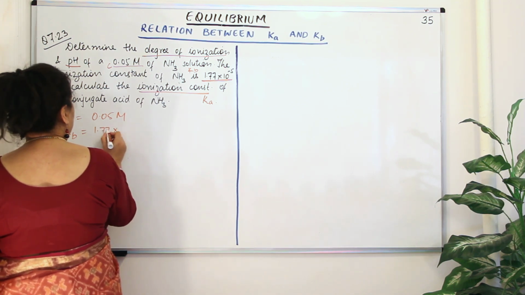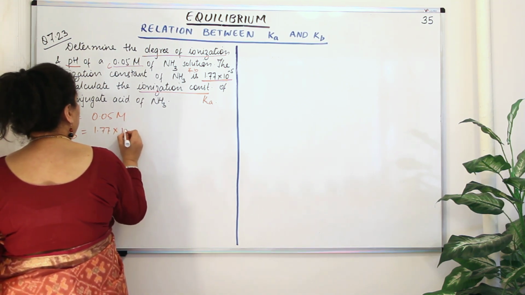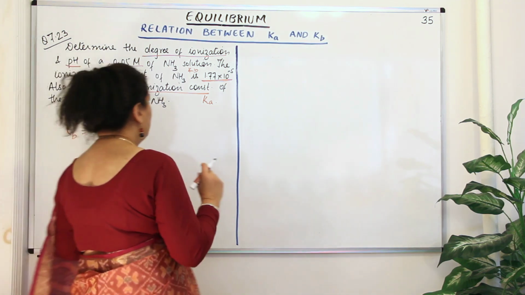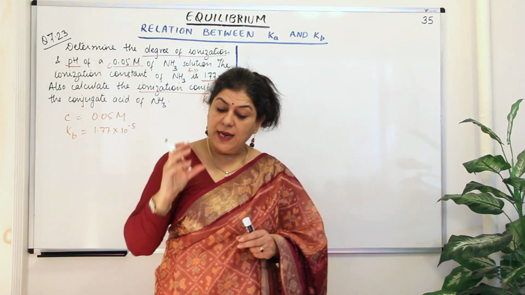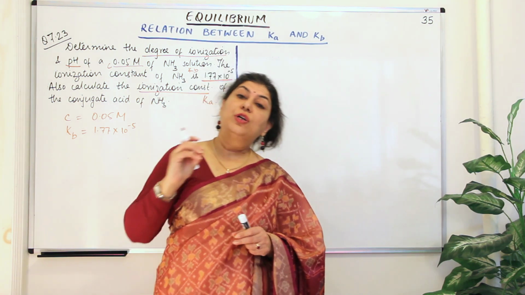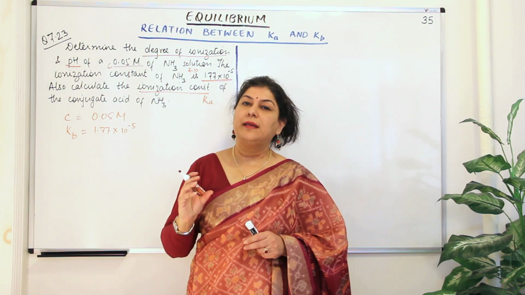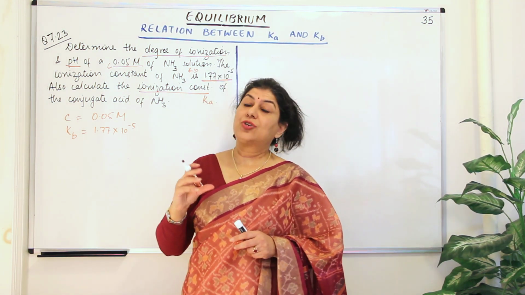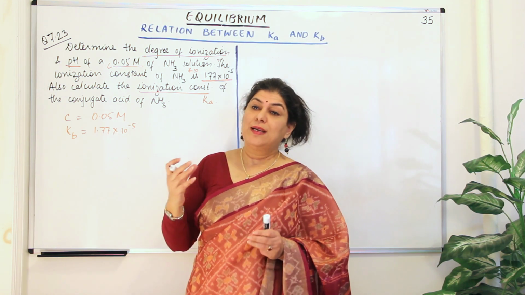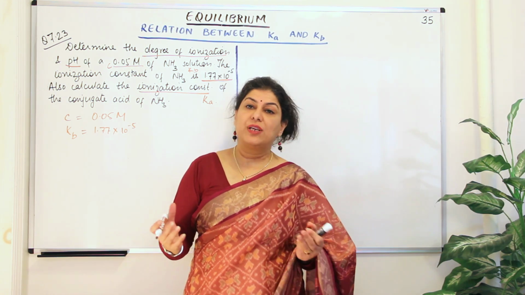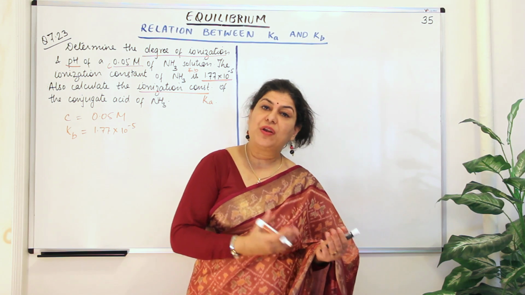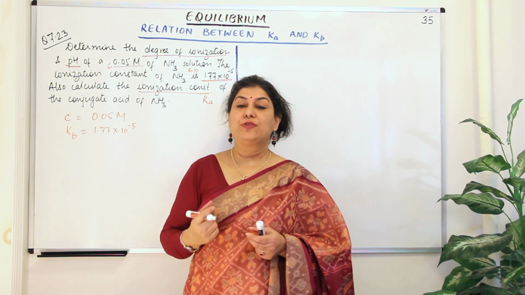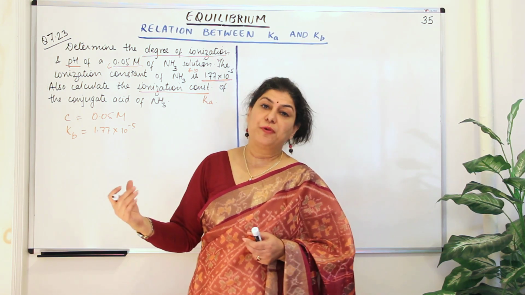Actually, in the question, they told you that you have to look into the table for this. And I just wrote down the value because the idea of making students look into the table is just to give you a little idea how scientists who are working on these actually do it. They do not have all values given to them, so they have to go to these reference tables, find out the values from there, and then proceed with their work.